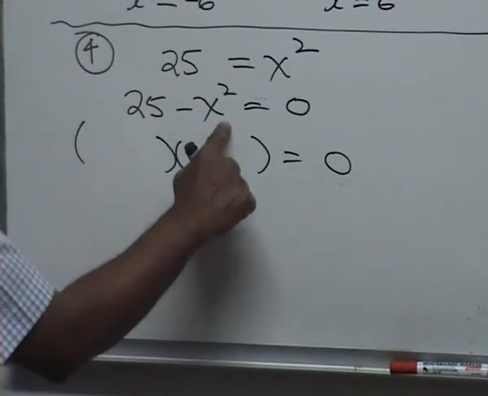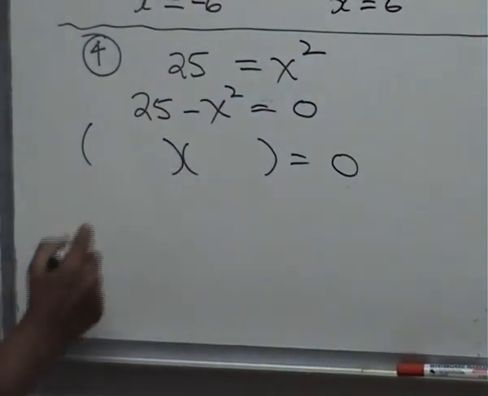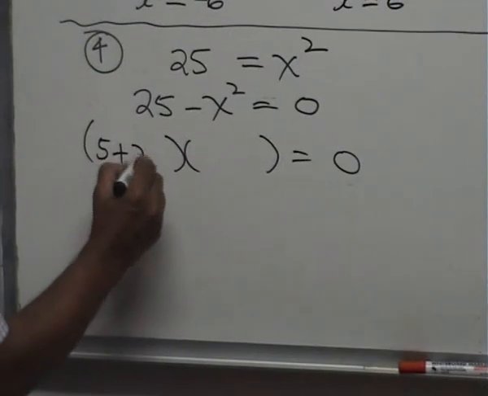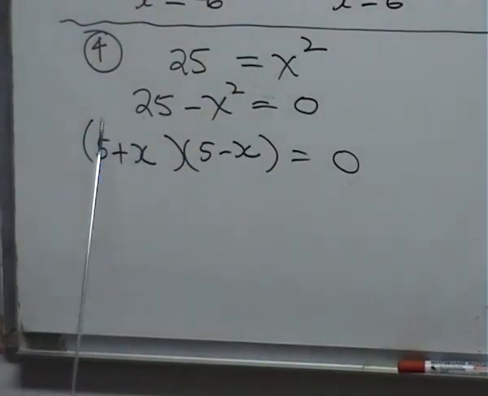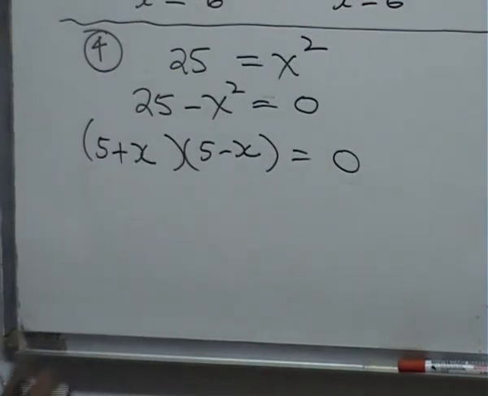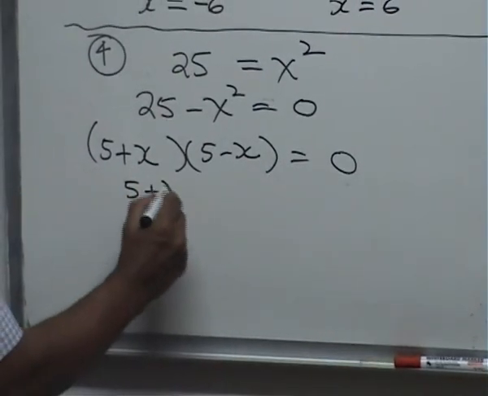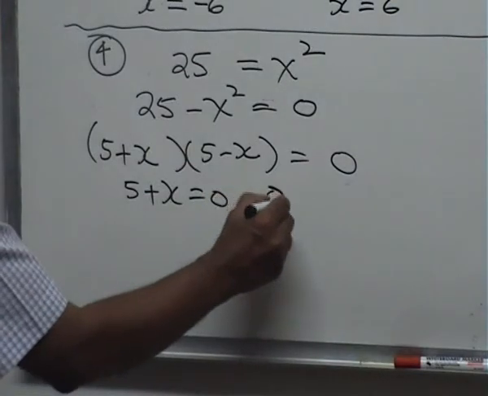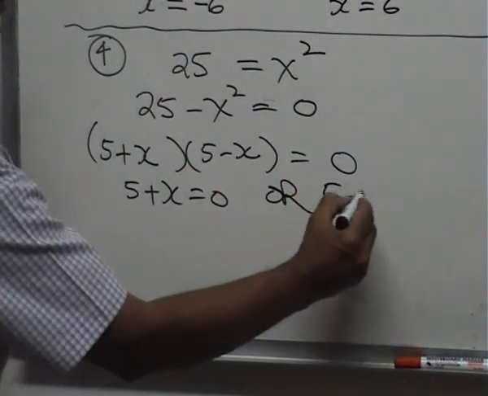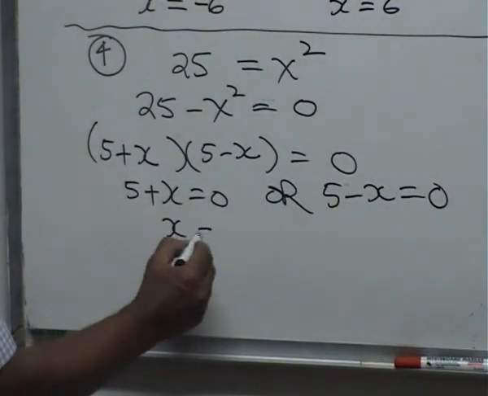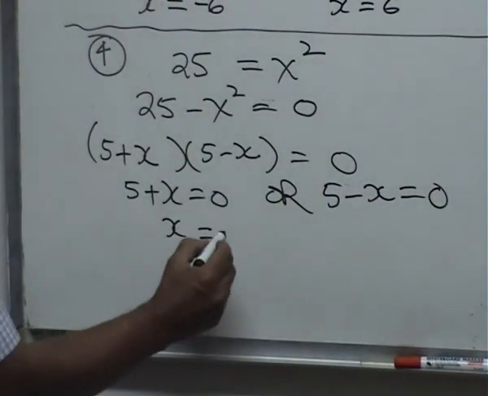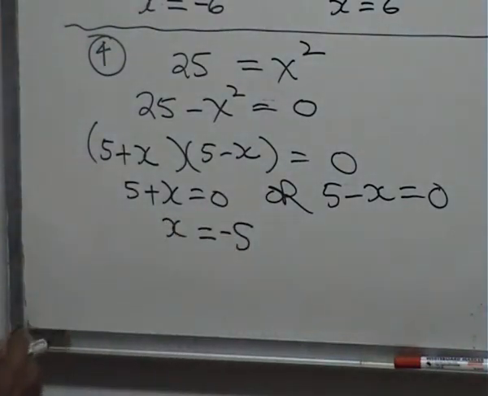I can see this is the difference of two squares, I'll factorize it. So it's 5 plus x into 5 minus x. Now 5 plus x will equal 0, or 5 minus x will equal 0. Solving this, take the 5 across, x is equal to minus 5.